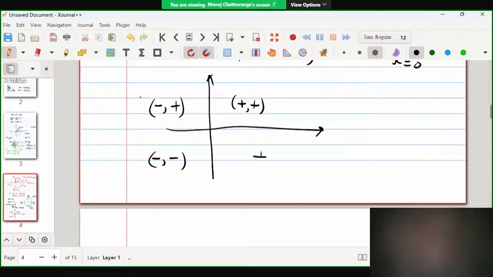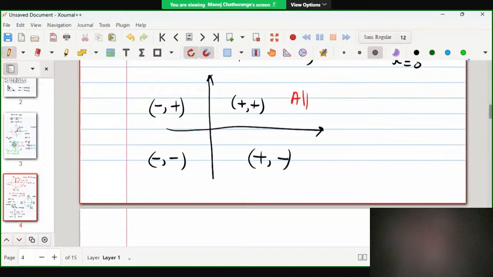In the fourth quadrant, the x coordinate is positive and the y coordinate is negative. As a result, in the first quadrant, all of sine and cosine are positive.